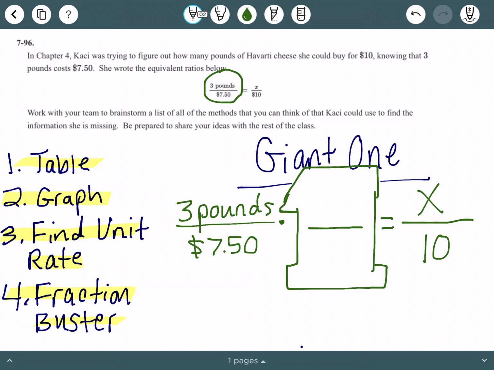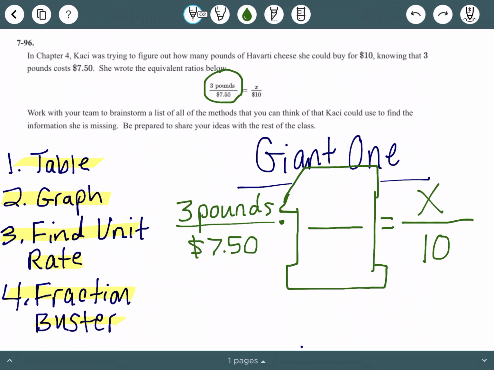So I need to come up with a number to multiply $7.50 by to get 10. Now, I know that the inverse of multiplying by $7.50 to get 10 is to do 10 divided by $7.50.